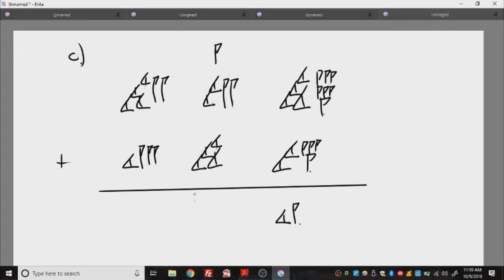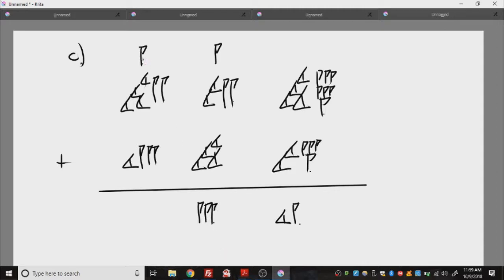Now I'm counting in the middle column. 1 and 22 is 23. 23 and another 40. 63. That means one group of 60 and 3 left over.